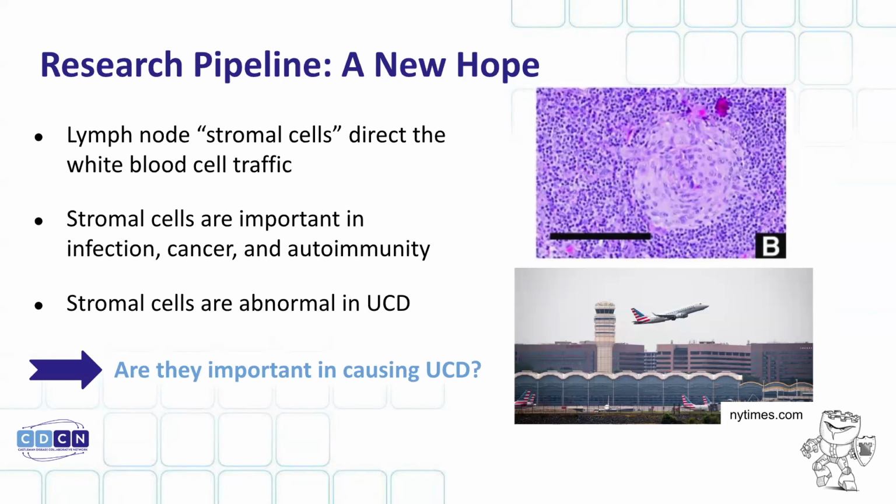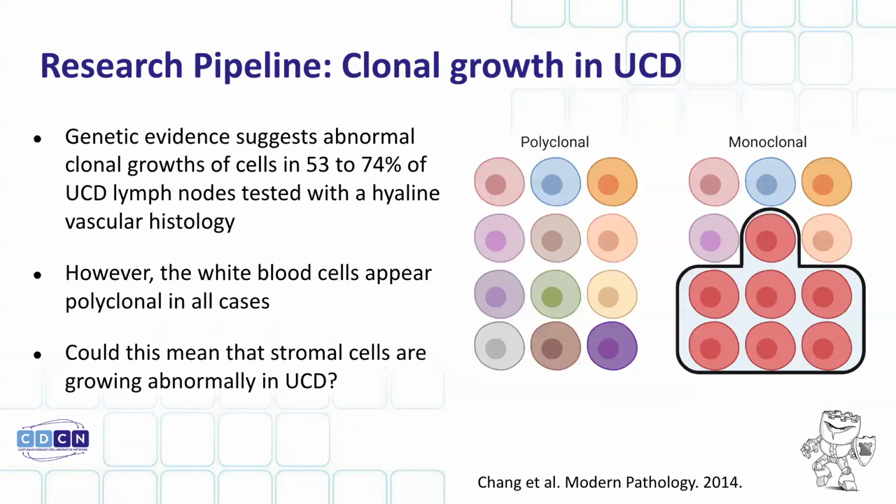And in some patients with unicentric disease, like the patients I mentioned who have this gene mutation, and other patients, there is actually evidence of clonality. These lymph node cells that are not white blood cells, I call them stromal cells, have this sort of air traffic control role in controlling the white blood cells. There's some evidence that they're actually copies of each other. They have a gene change in them.